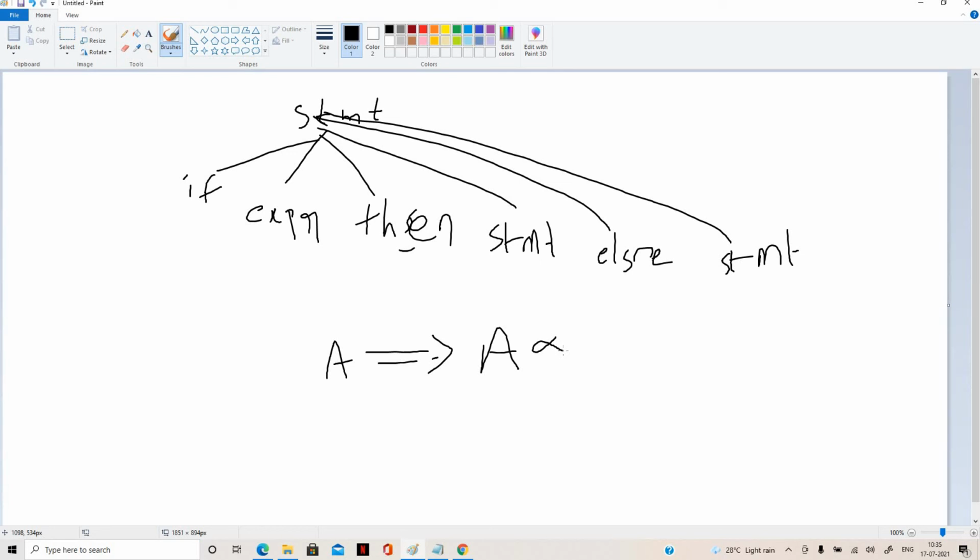If any grammar has left recursion, then top-down parsing cannot handle it. Then what we are supposed to do is apply some transformation to the given grammar to eliminate the left recursion.